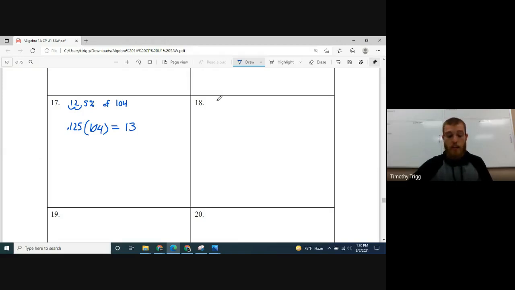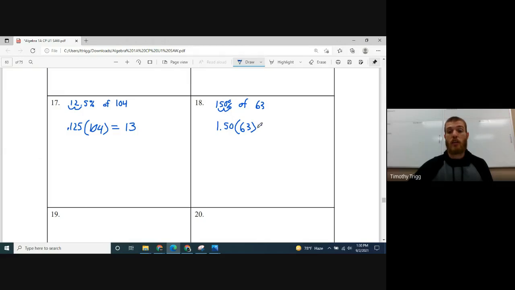For number 18, it says what's 150% of 63. So here we want to definitely move that percentage over twice and multiply it together. That's going to make 1.50 times 63. Here it's greater than 100%. You see that?